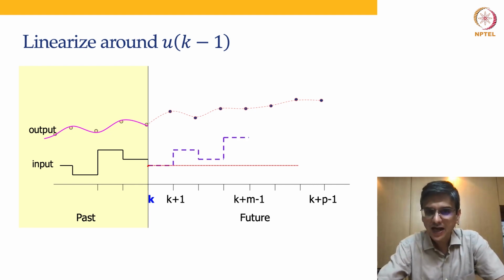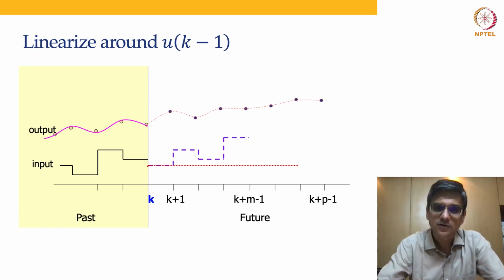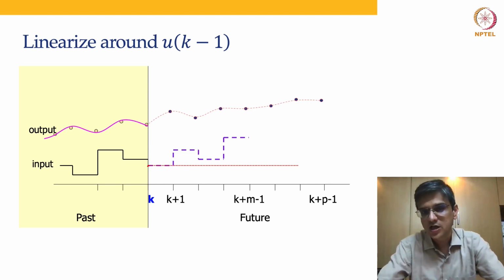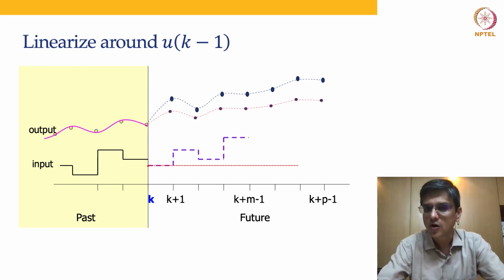Okay, based on that we get our A_k matrix, B_k matrix and C_k matrix, and using A_k, B_k and C_k we try out various possible sets of inputs and optimize on the best possible input. Okay, and this is the optimal trajectory that we might have obtained, but we don't implement all the future moves.